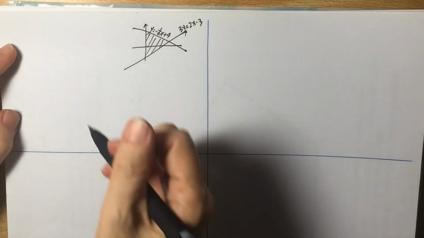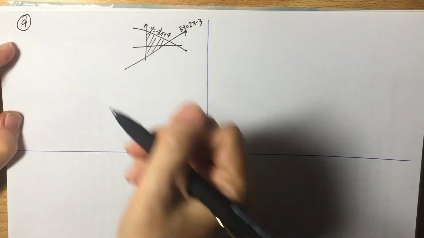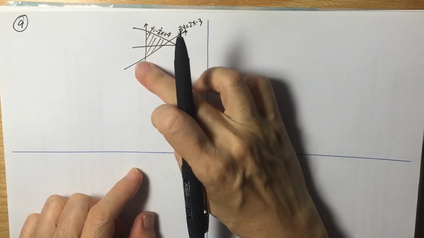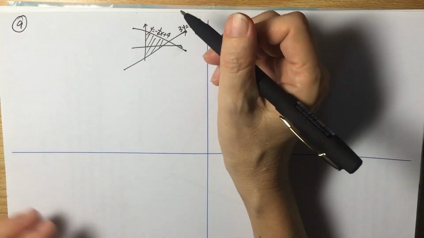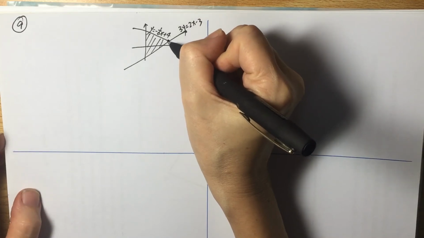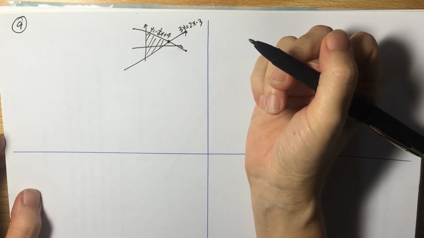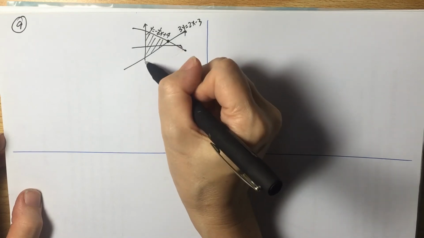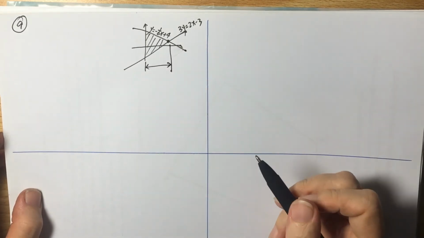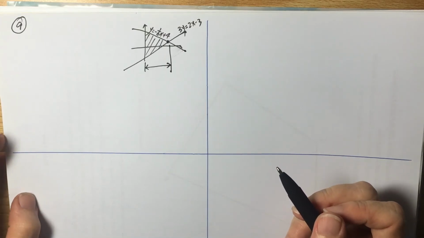Question 9. I have a simple sketch here. The question is, we are supposed to find the area of the shaded region. So if I want to find the area of the shaded region, I need to find out the x value of this point so that I'll be able to find the distance from here to here. That will be my height of the triangle.